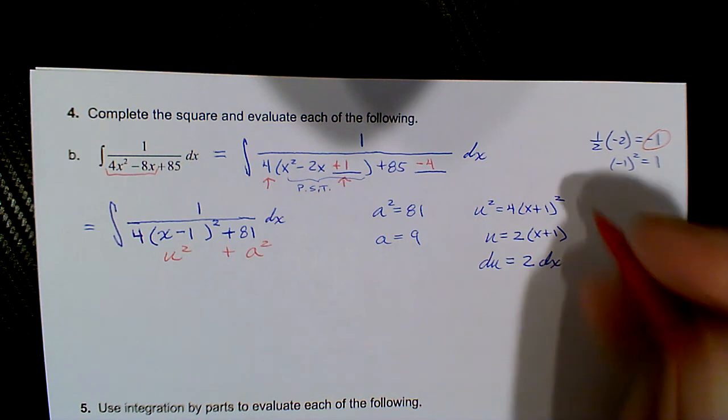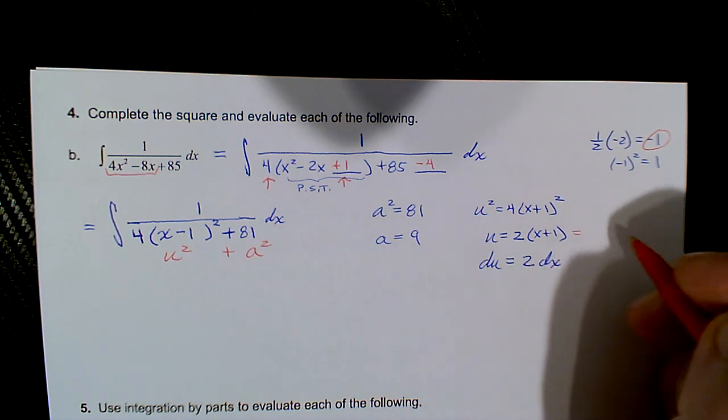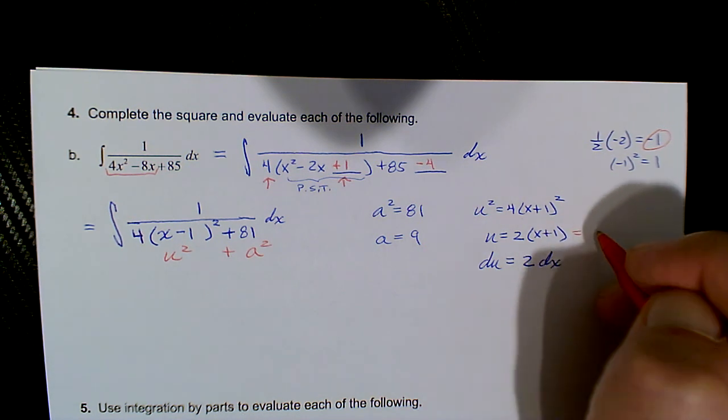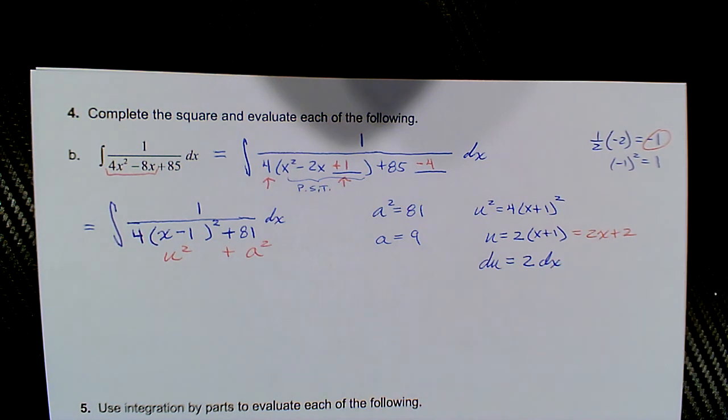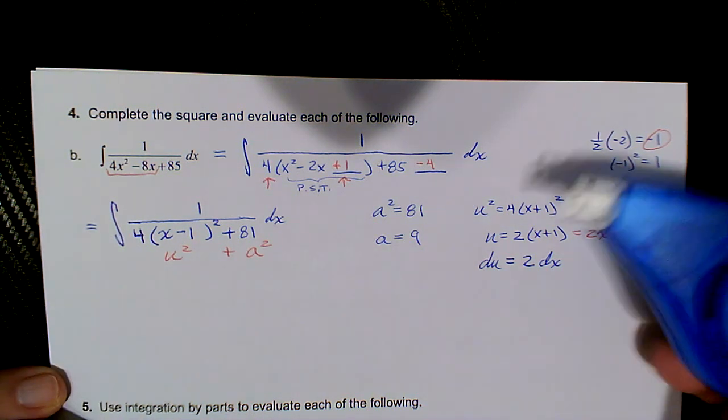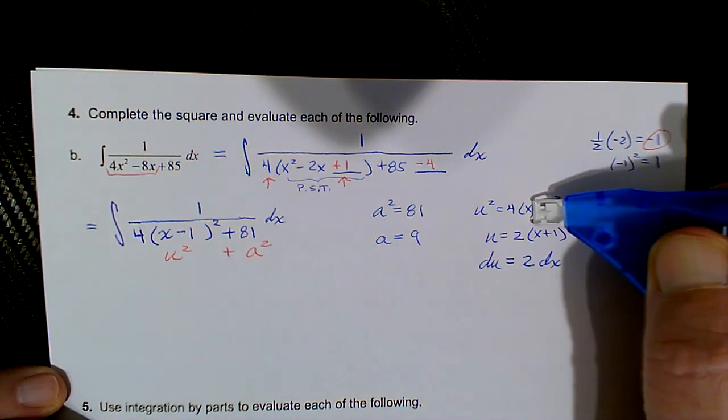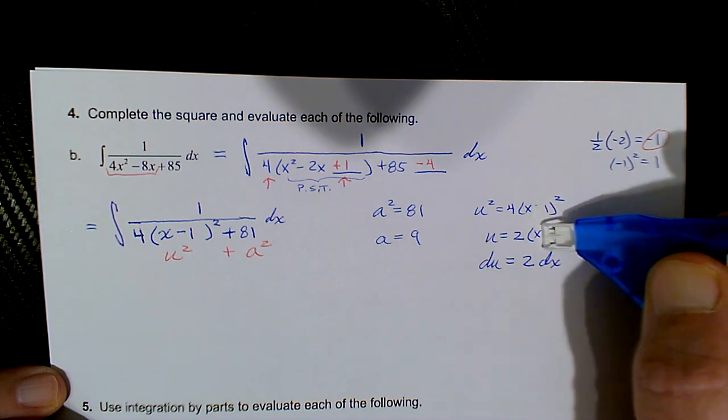Now, if you can't see that, because for some reason, maybe the parentheses are bothering you, distribute the 2x to get 2x plus 2 in this case. I'm sorry, 2x minus 2. I brought over a plus 1, but that should have been a -1.